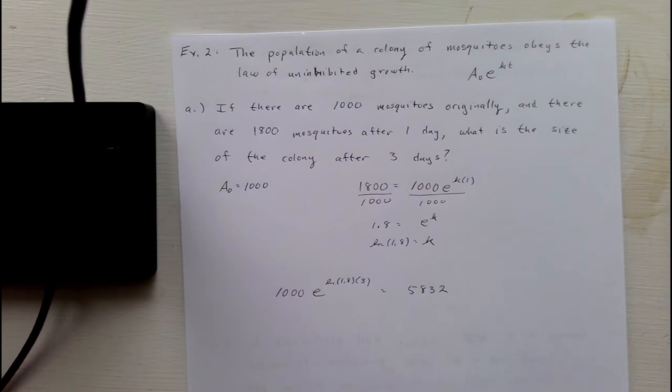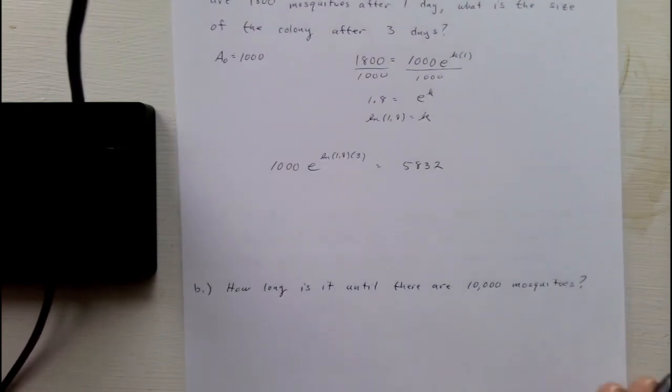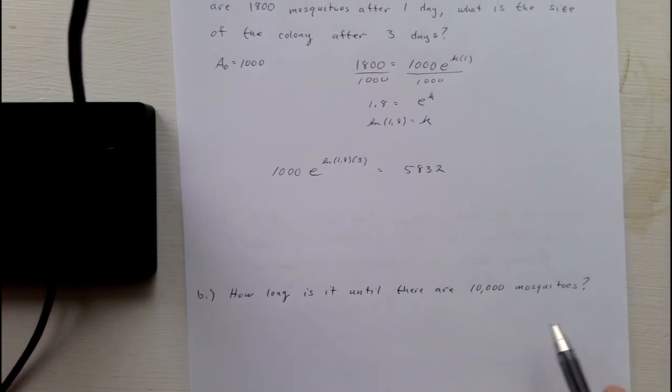Okay. How long will it take until there are 10,000 mosquitoes? Well, in this case, this is our amount, A of t, and we're asked to find what t is. Okay.